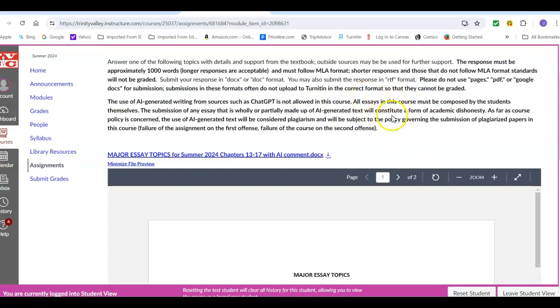So, as it says here, wholly or partially, AI text will constitute this form of plagiarism. So please avoid Grammarly in the sense of letting it make the dictated moves.